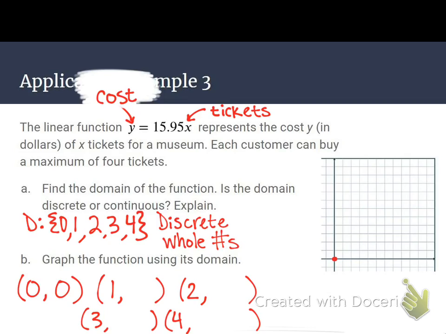If I buy 1 ticket, how much money did I spend? I spent 15, not 18, $15.95. If I bought 2 tickets, how much money did I spend? $31.90, I agree. What about for 3 tickets?